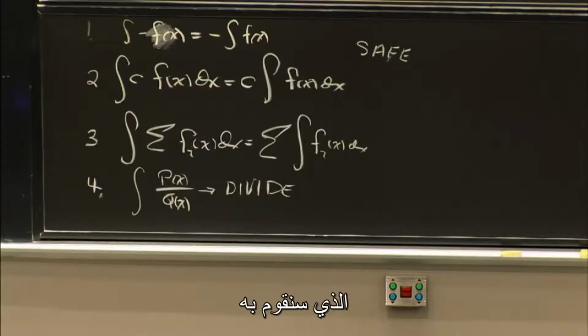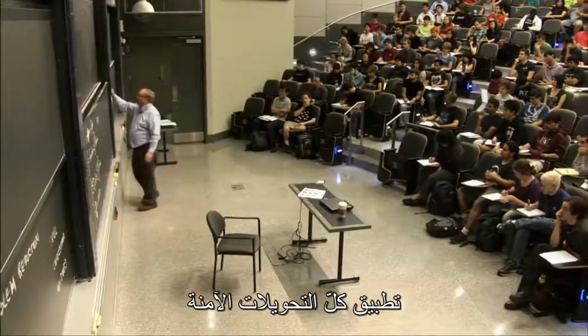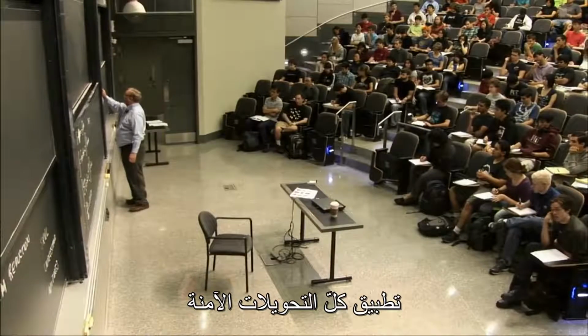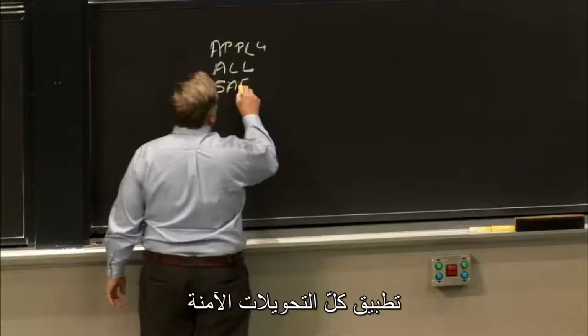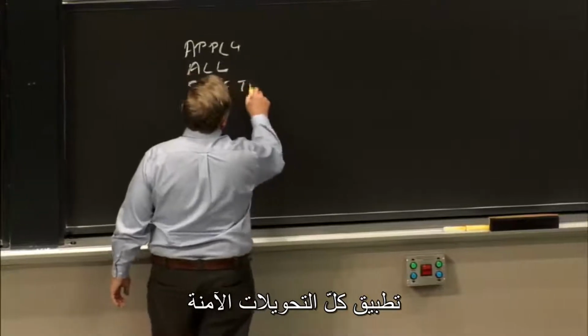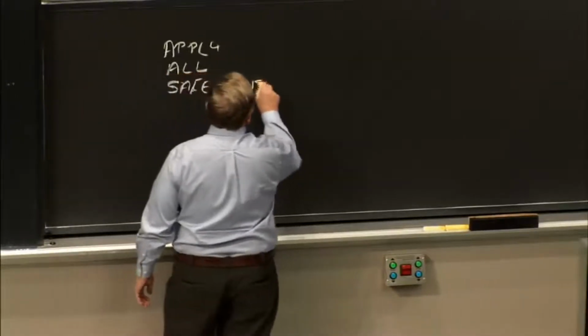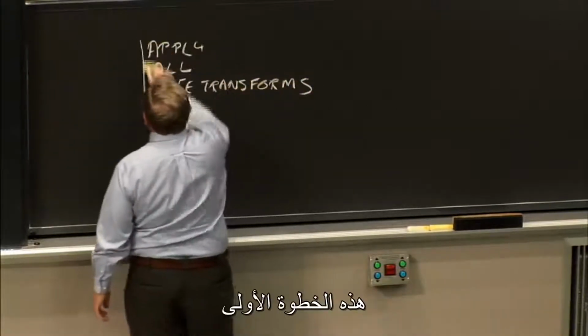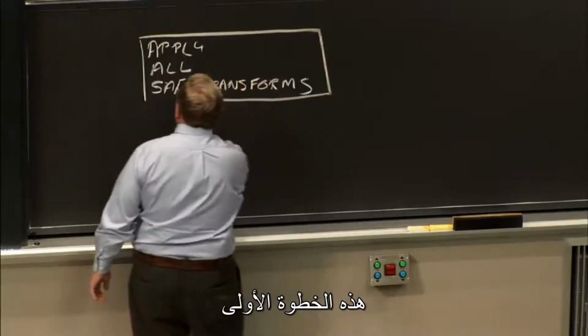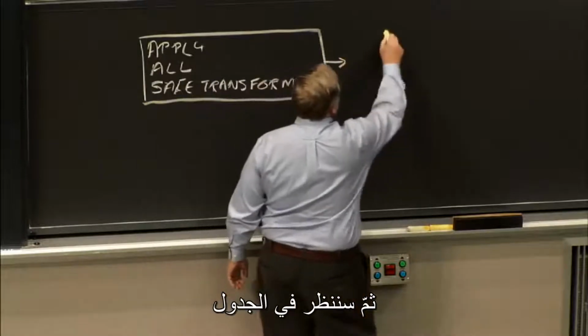What we're going to do is apply all safe transforms. That's our first step. Then we're going to look in the table.